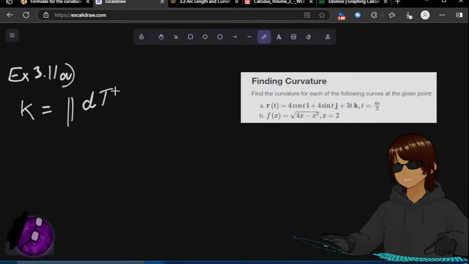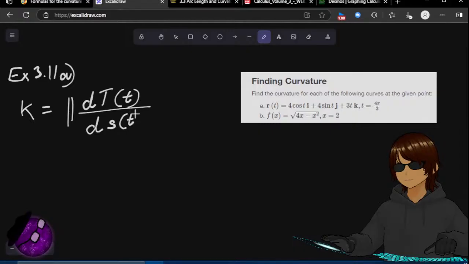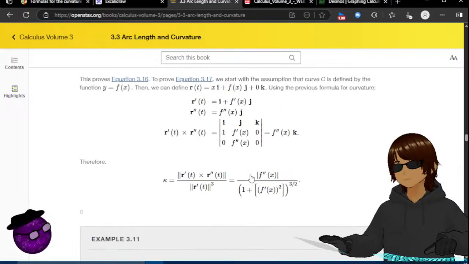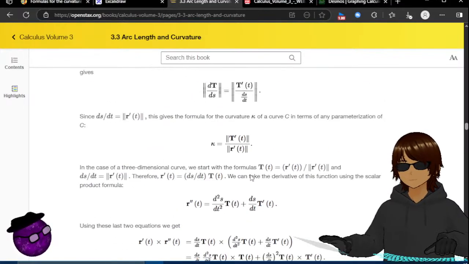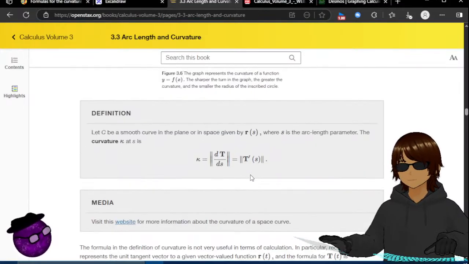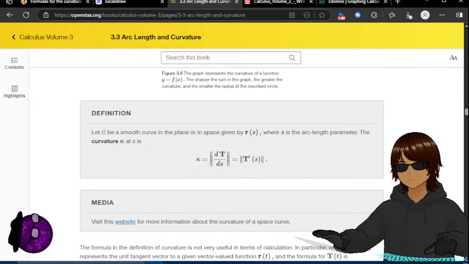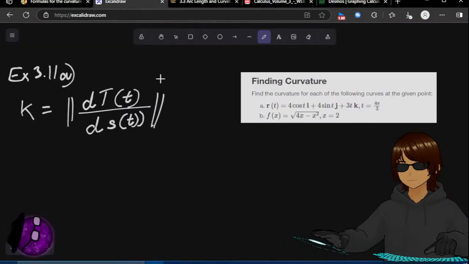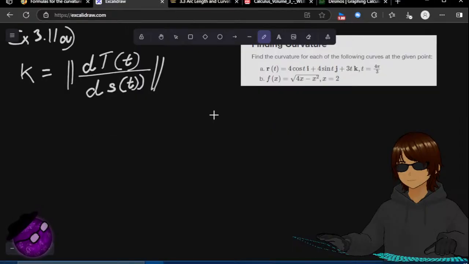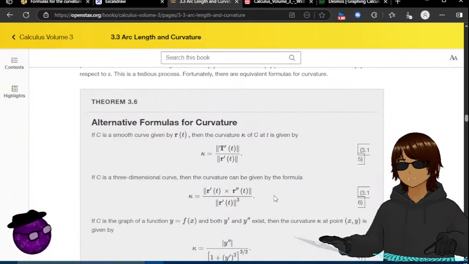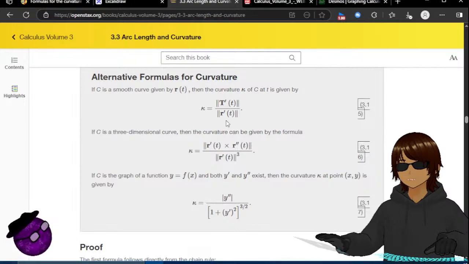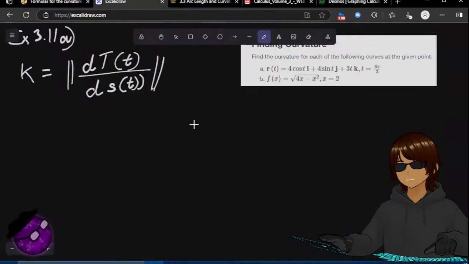And what's the other formula? T and r, I think that's the easier one.